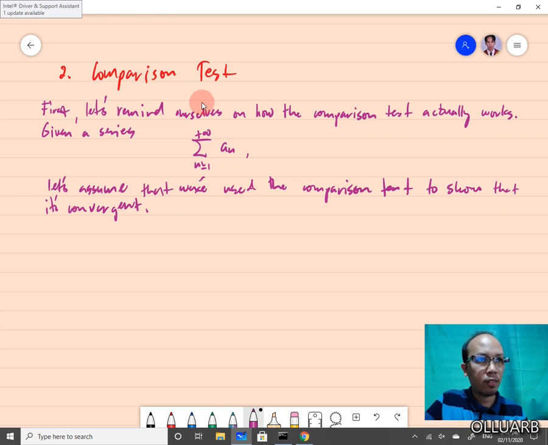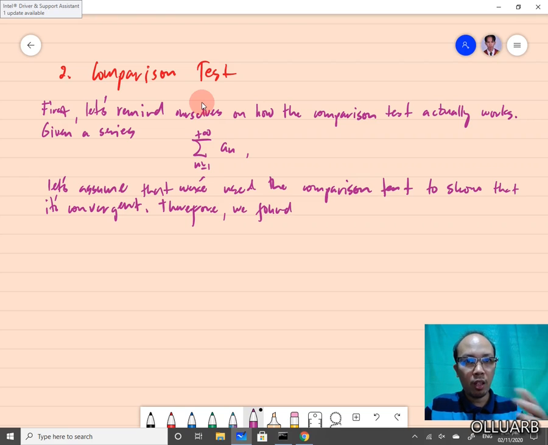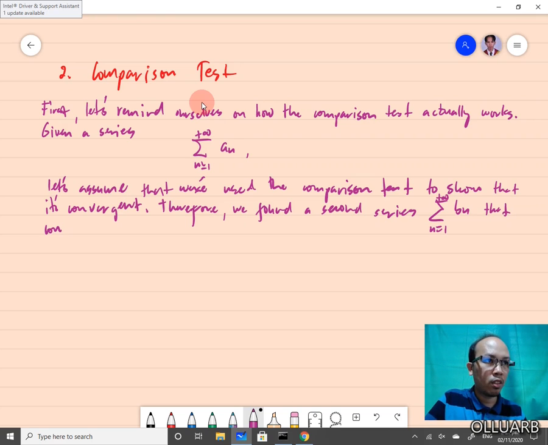Therefore we found, remember our previous discussion, a series, summation of b sub n, where n starts from 1 to positive infinity, that converges.